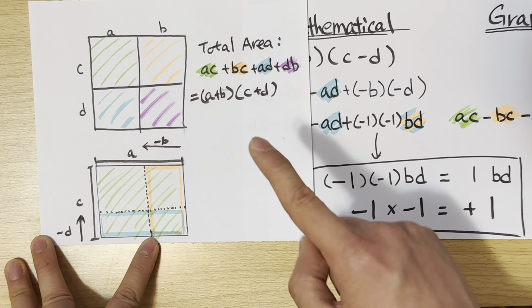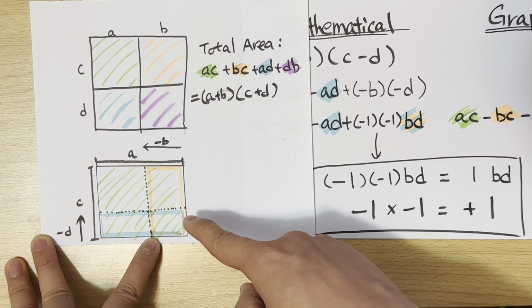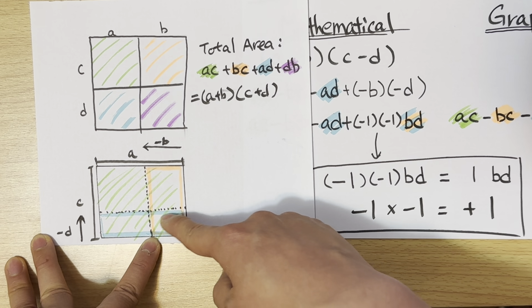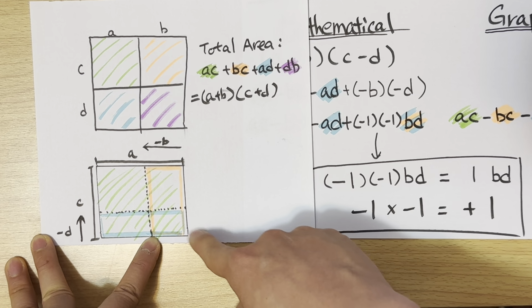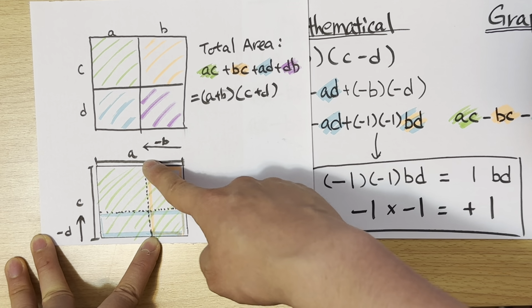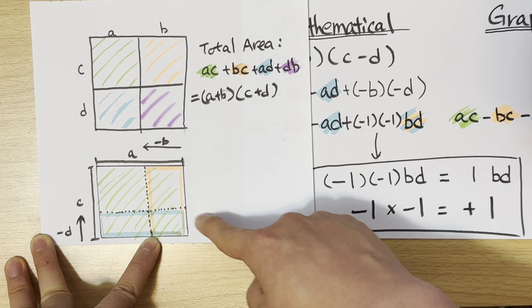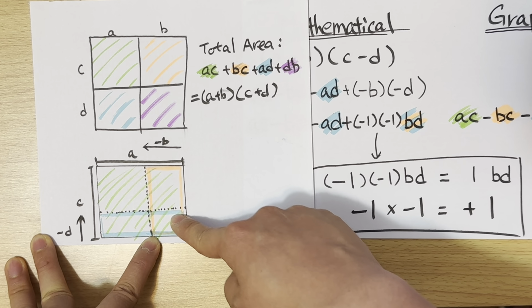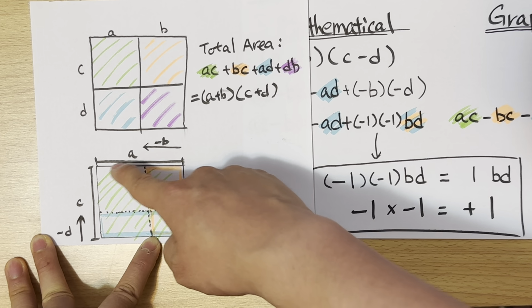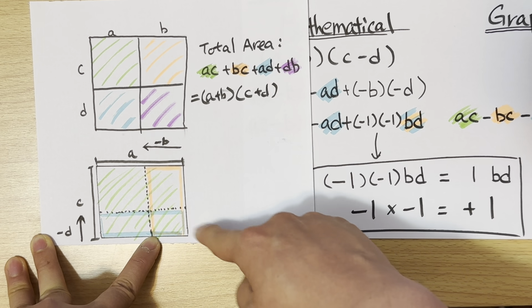However, if you observe it carefully, you will see that this small square here is actually double counted. Both the orange rectangle and the blue rectangle cover this area. Therefore, in order to calculate this area, we need to add it back.